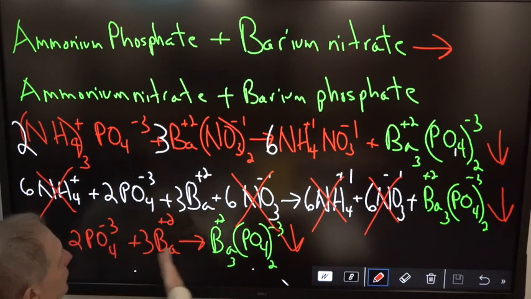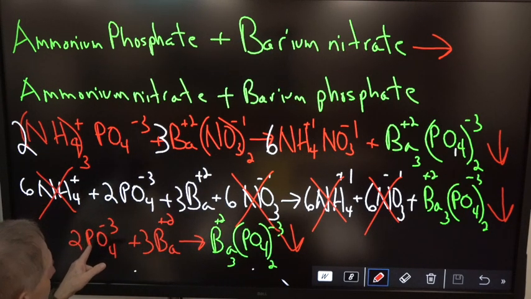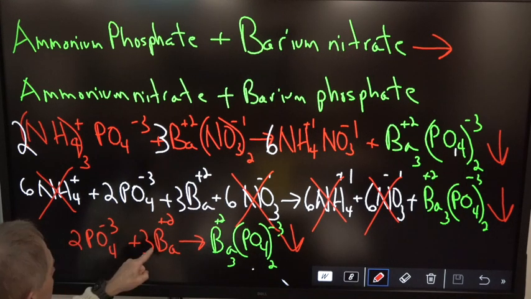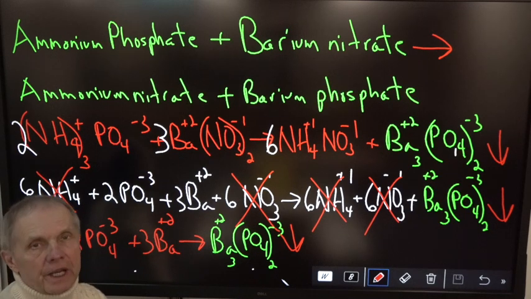So this is your final reaction right there. This is what reacted. 2 PO4s, I got 2 PO4s, I got 3 Bas, I got 3 Bas. So this is your final reaction.